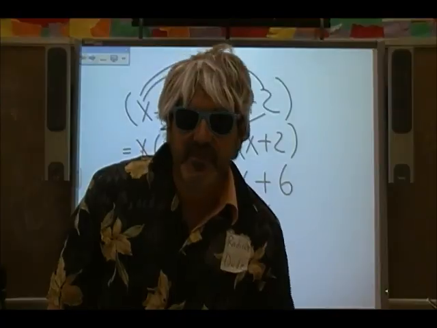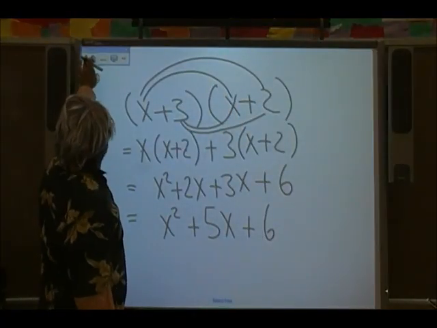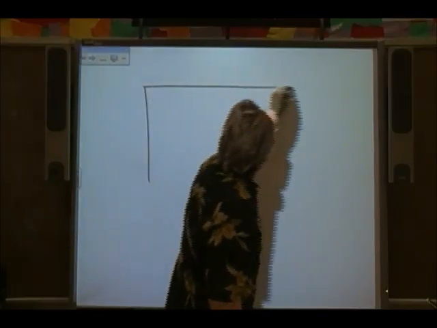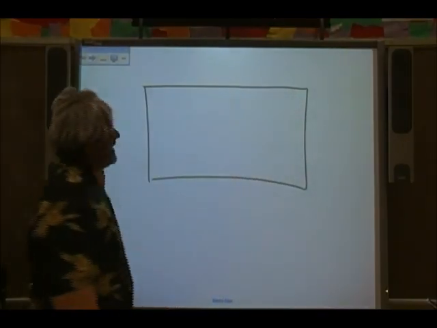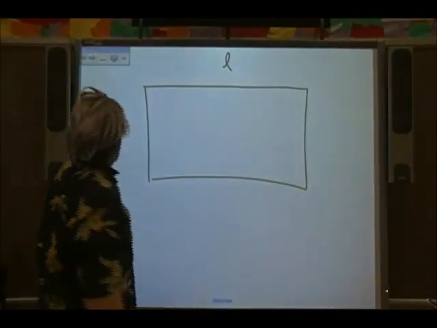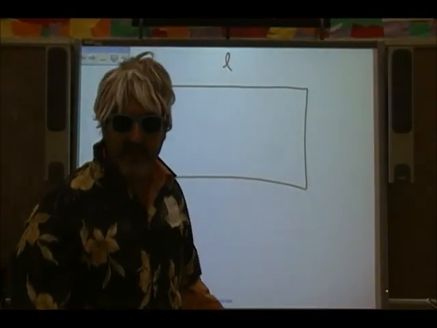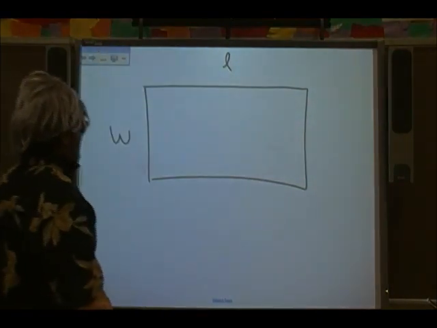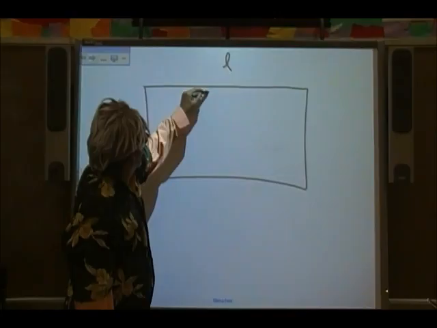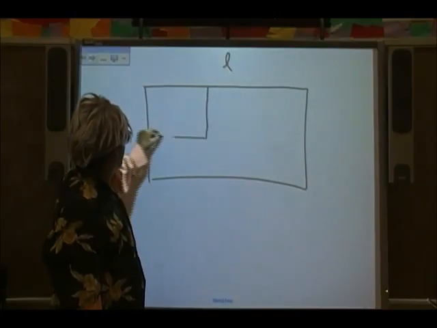Now let's try geometrically. Here we go. I'm going to make a nice rectangle. Right? The area of the rectangle is length times width. Everybody knows the area is length times width. That's not a big deal. Well, let's break off a section. Let me make it like the flag.